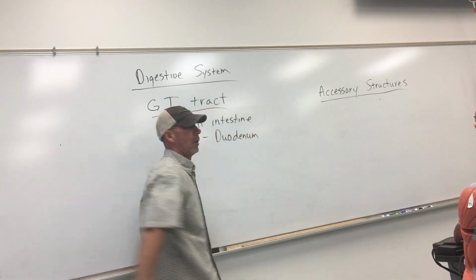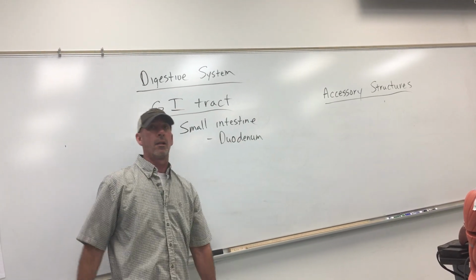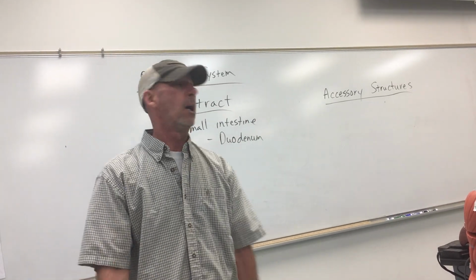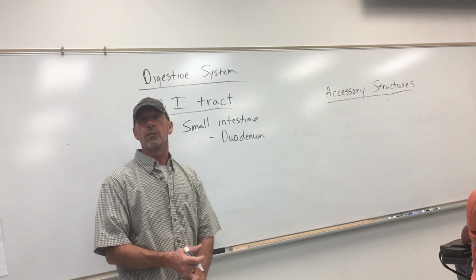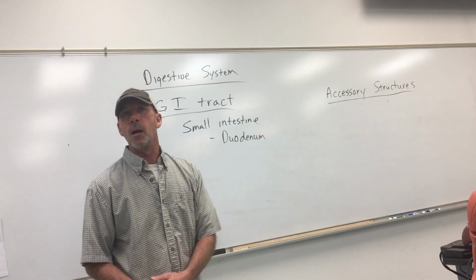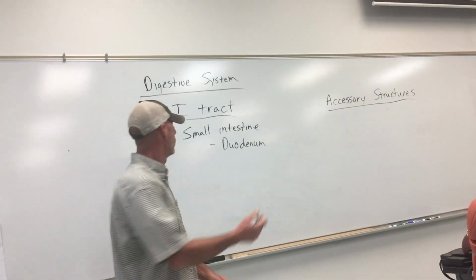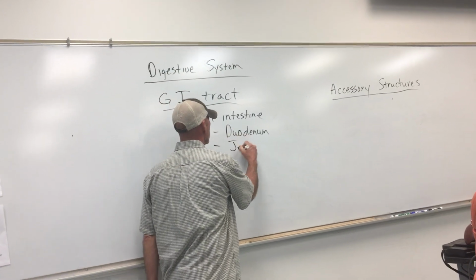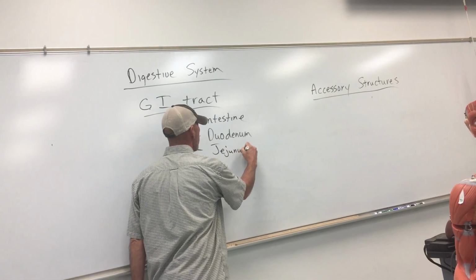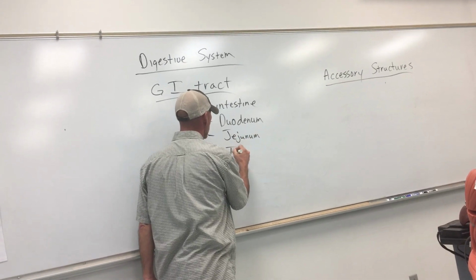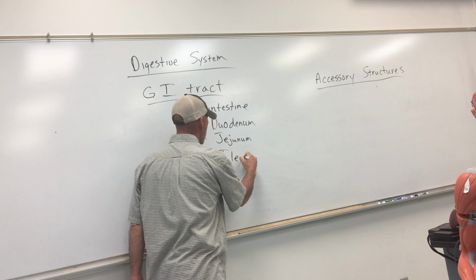I've also heard other professionals pronounce it duodenum, but I think both pronunciations are acceptable. It's just my major professor called it duodenum, and so I've called it duodenum ever since. The next region is the jejunum, and then the last one is the ileum.